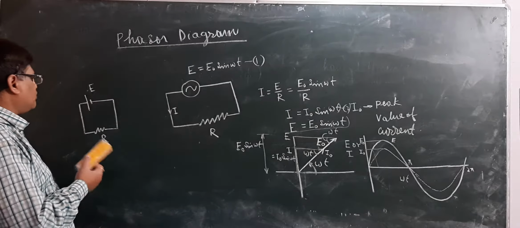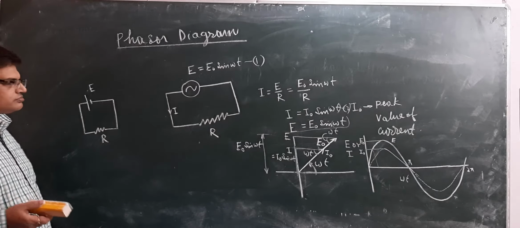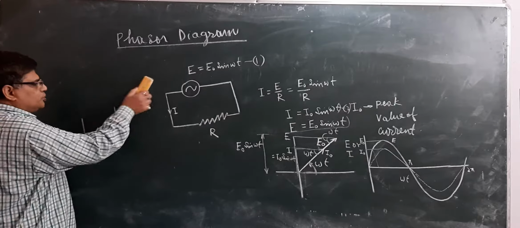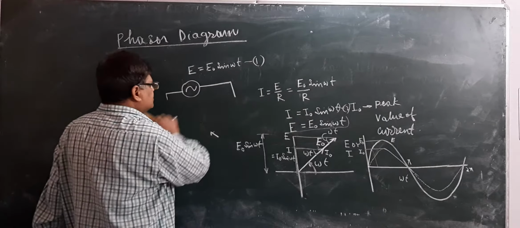So this was a purely resistive circuit. We will solve a numerical problem based on this concept.